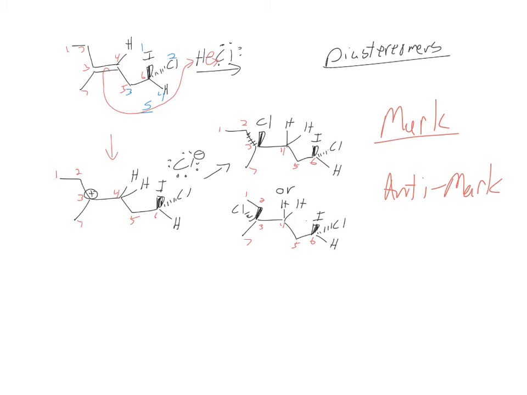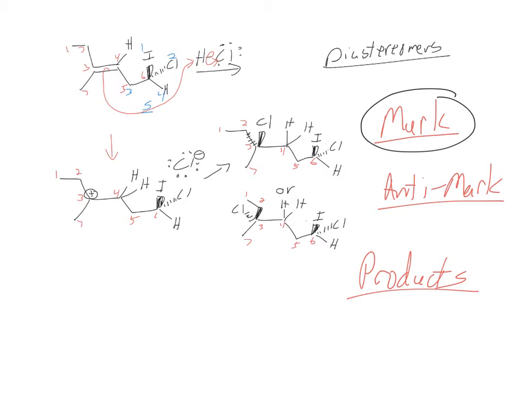What that has to do with is the products. Go back and look at the starting material. Which carbon was more substituted, 3 or 4? 3. If the thing you're adding ends up on the more substituted carbon, that would be a Markovnikov product.